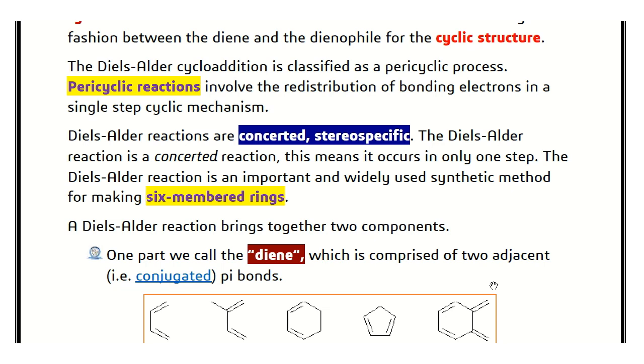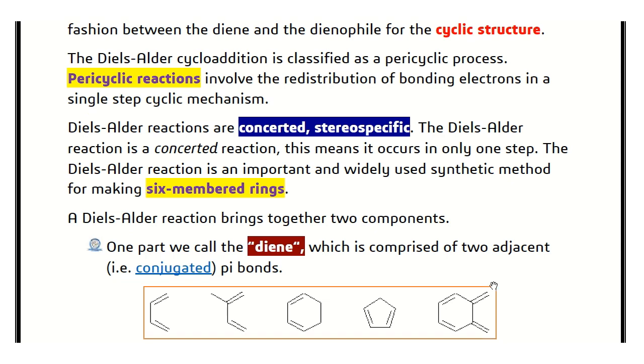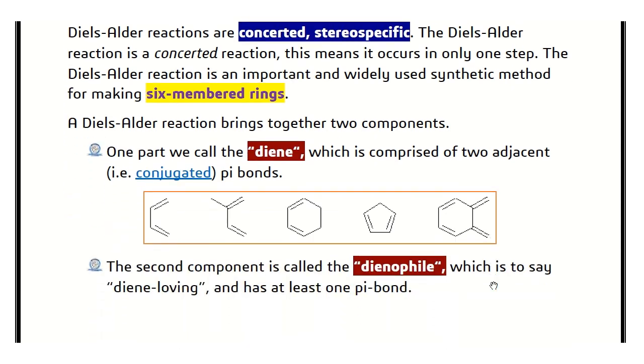So basically what we have learned is that there are two main components for the Diels-Alder reaction. One is the diene. A diene is basically the conjugated molecule that is required for the Diels-Alder reaction.